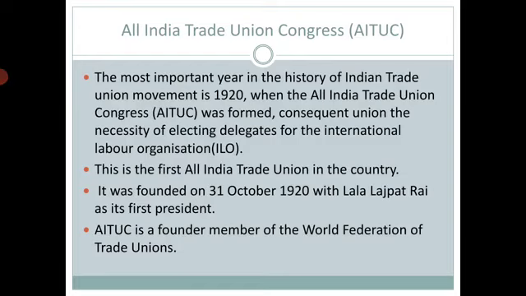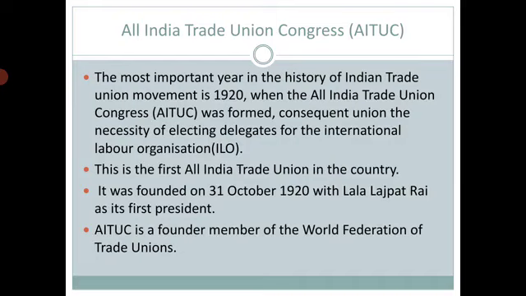So trade unions are the association of employees who are working in your organization. The people who work in your organization, what happens?